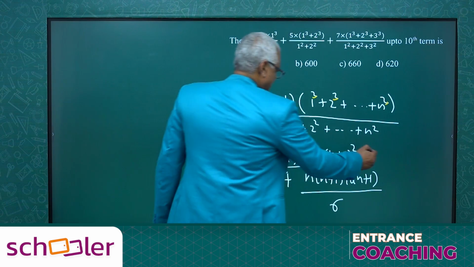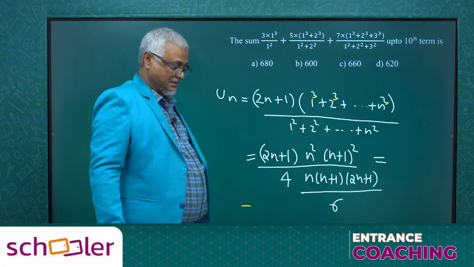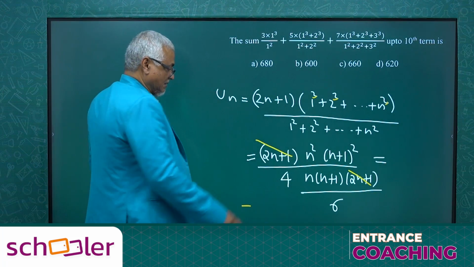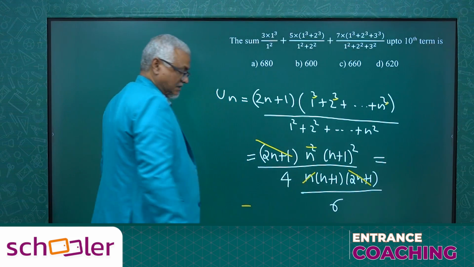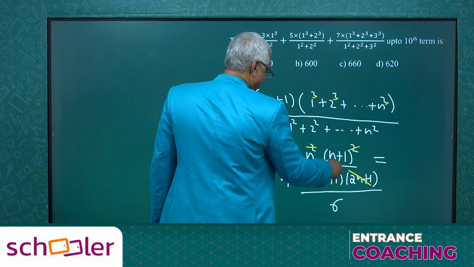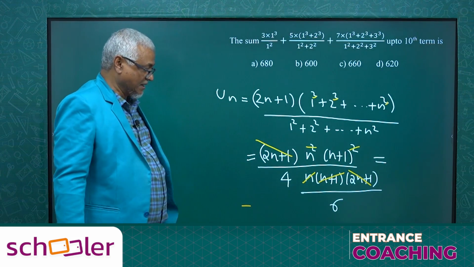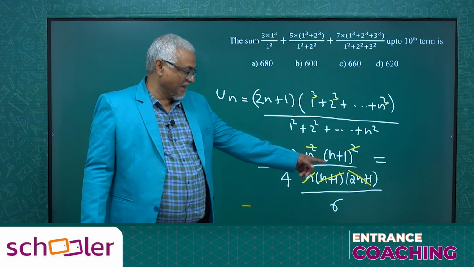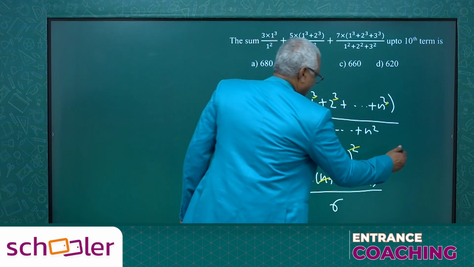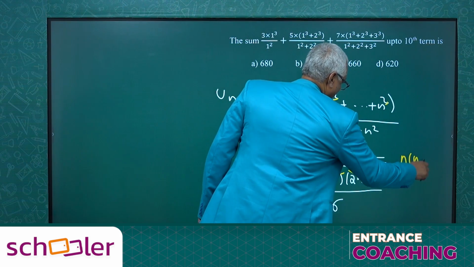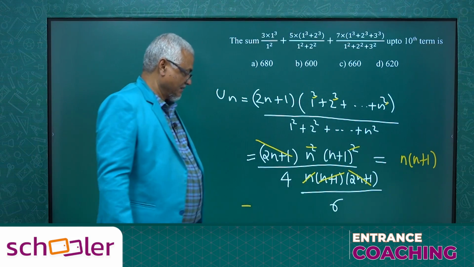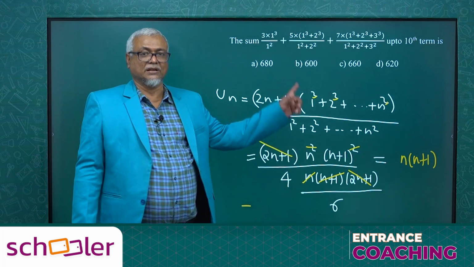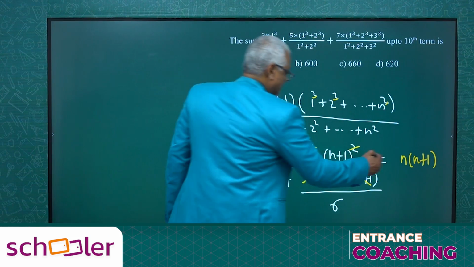What cancels? This 2n plus 1 and this 2n plus 1 cancel, one n here and this n cancel, one n plus 1 here and this n plus 1 cancel. What remains in the numerator is n into (n plus 1). And this 6 goes to the numerator: 6 by 4, of course it is 3 by 2.